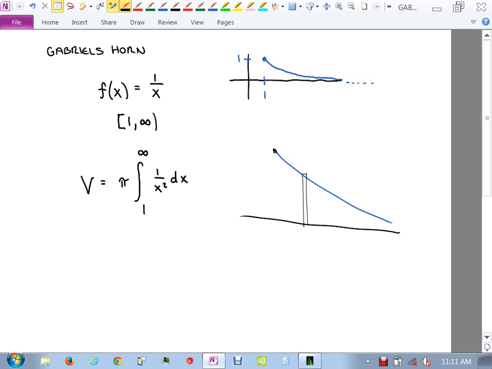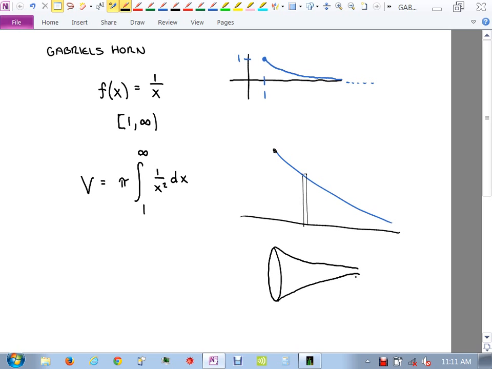Now, let me draw the picture of it rotated. If you rotate that around the x-axis, doesn't it look like this? And it goes forever, like a horn, not like a horn on a head. It's Gabriel's horn.